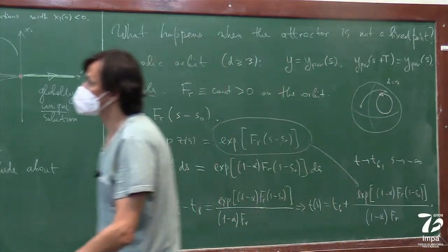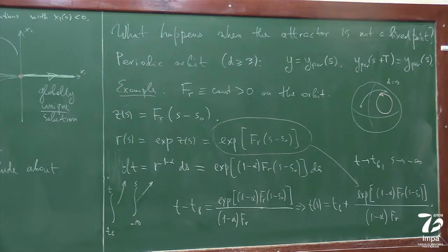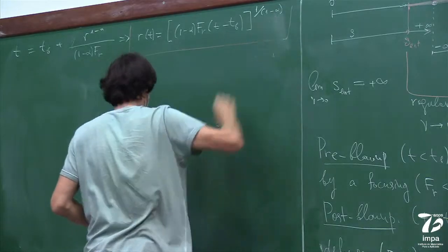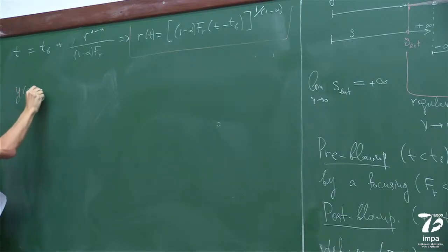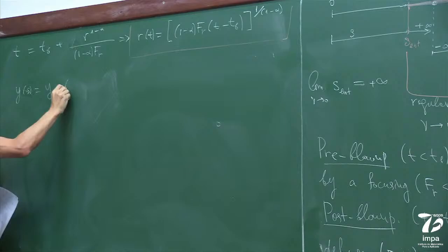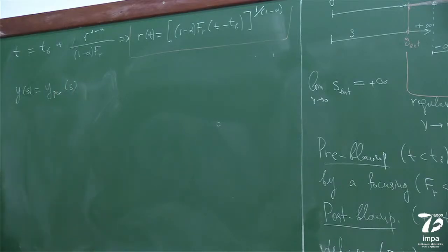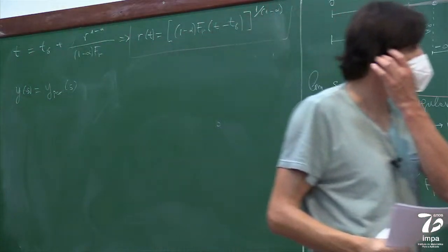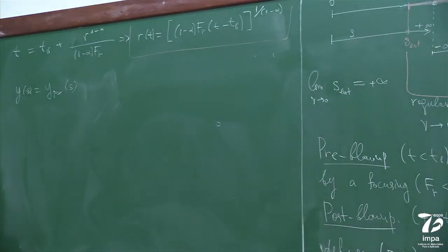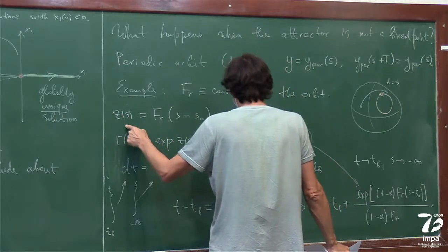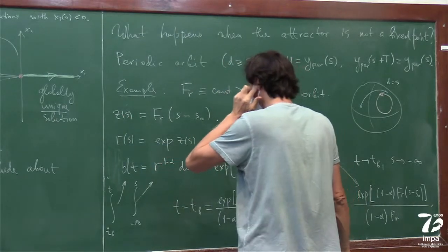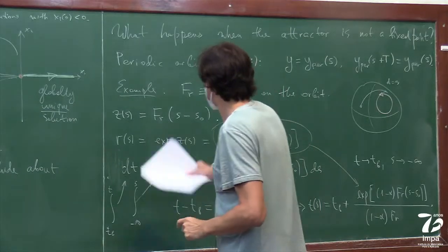So we have one piece of information, and the second piece is the angular part. y of s is the periodic solution at s, but now we need to express s in terms of time. So how do we do it? First we express s in terms of z, from here.